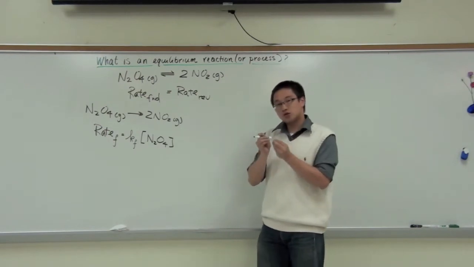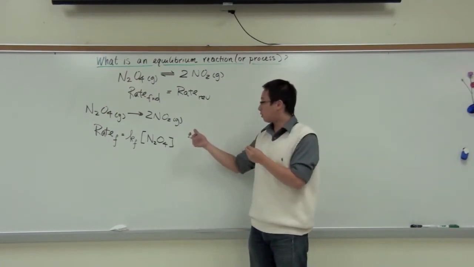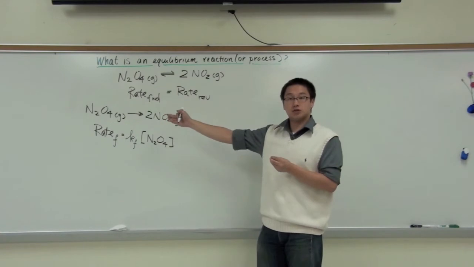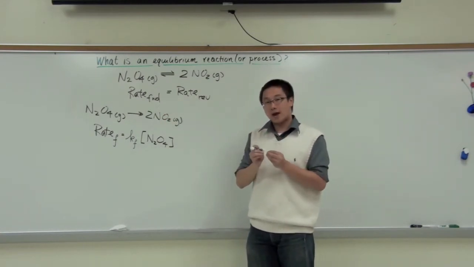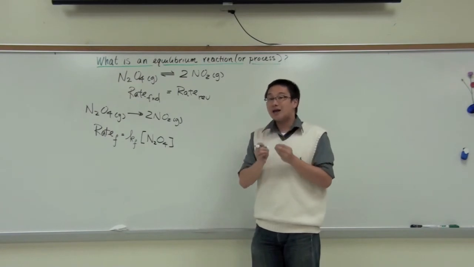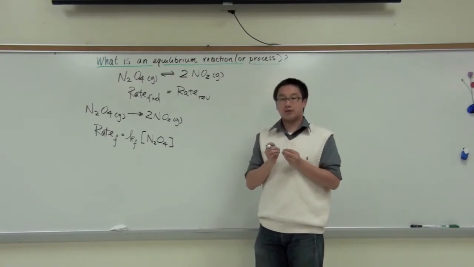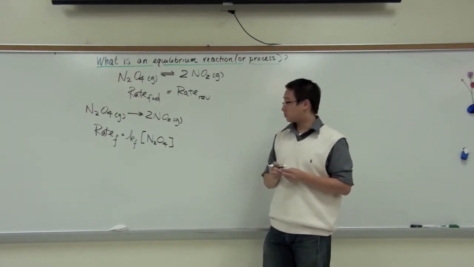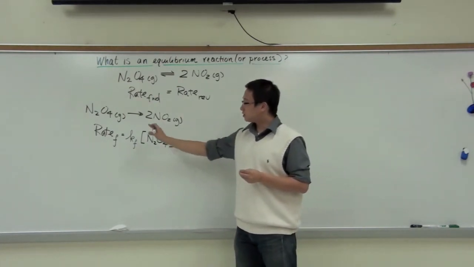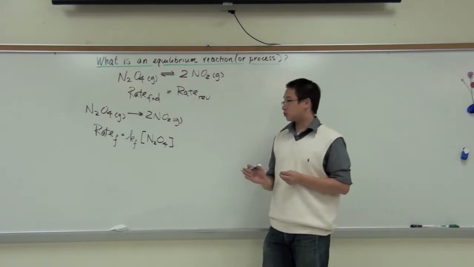And this is what justifies our action to put the coefficient as the exponent. And this is only true for an elementary reaction. If it is not an elementary reaction, we cannot do that. So we're going to put a 1 right here, but it's going to be expressed implicitly. So this is our rate of the forward reaction.